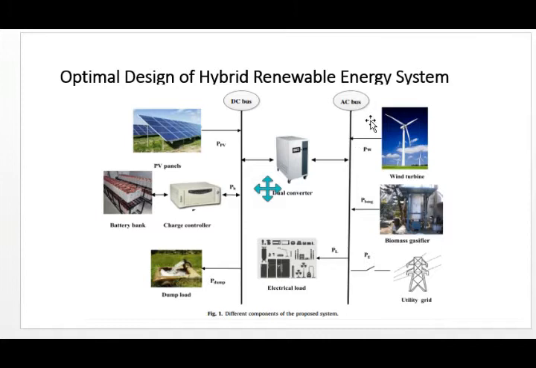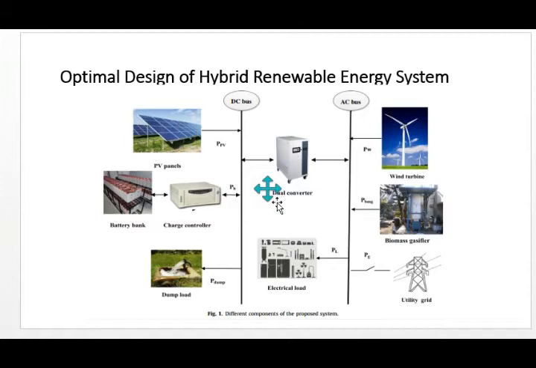And the other thing that is connected to the AC bus is the wind turbine, because the output of a wind turbine is always AC, this is not DC, so it's connected to the AC bus. And in between those AC and DC buses there is a dual converter having both converter and inverter.